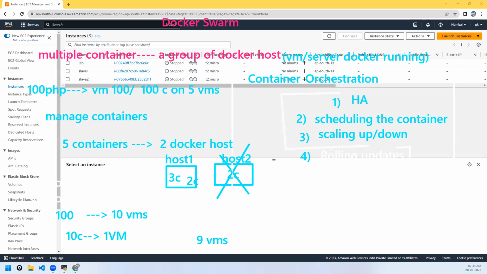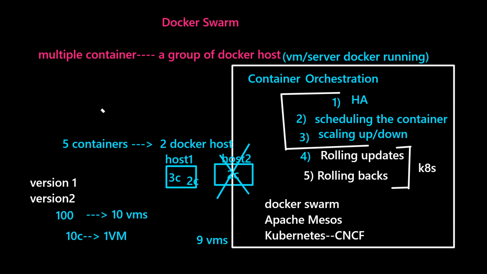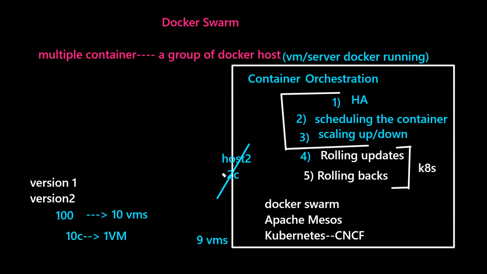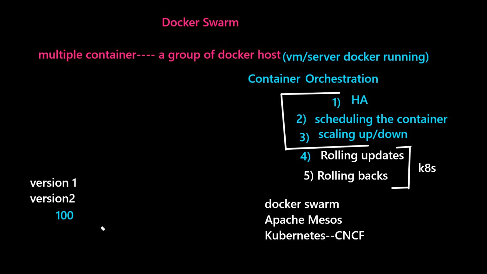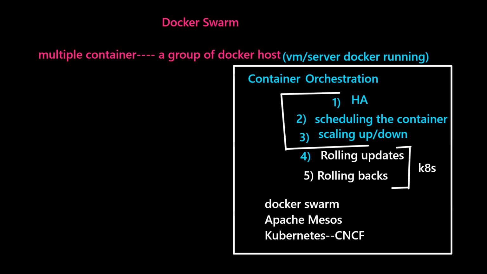Let's begin with the hands-on. But before going to the hands-on, we need to look into a few more things. We are going to create a Swarm cluster, right? You will create a bunch of Docker hosts, which is nothing but Docker Swarm. In this cluster, a group of Docker hosts, this is a simple architecture of Swarm.